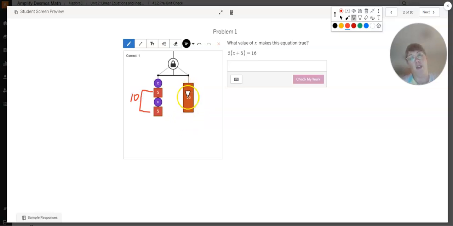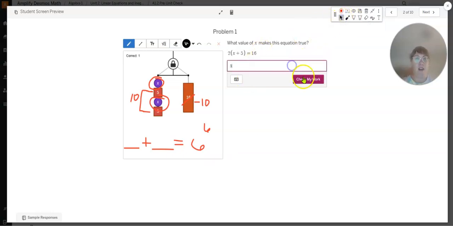So over here we have 16. If we take away 10, then we're just left with 6 that we need to figure out. And we have 2 x's that are going to add to 6. So what number plus itself gets us 6? And of course, that's going to be 3.